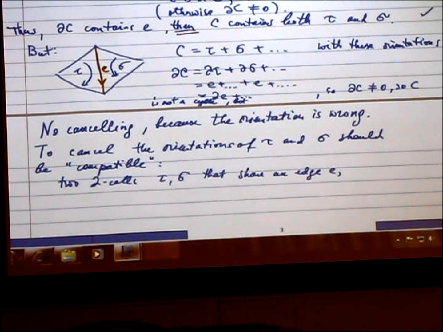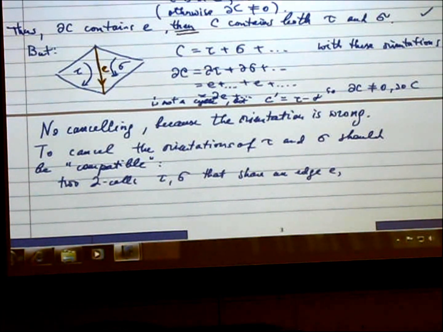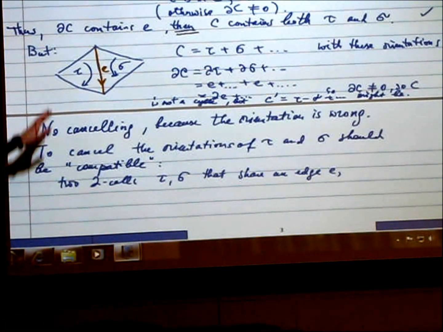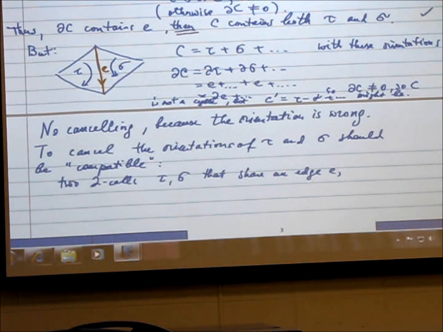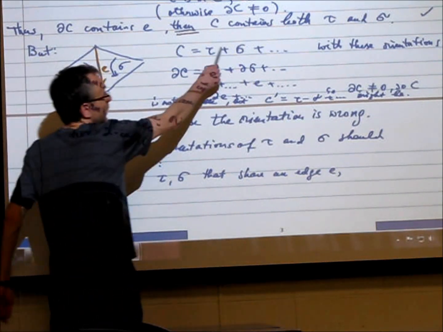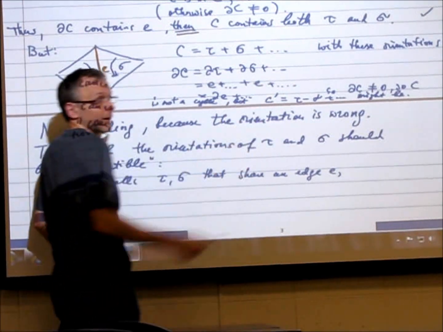But let's not forget that C prime equal to tau minus sigma, and so on, might be the cycle that I define, then everything will work out. As far as E is concerned, it will get canceled, right? If I have a minus over here, minus, minus, and they cancel.